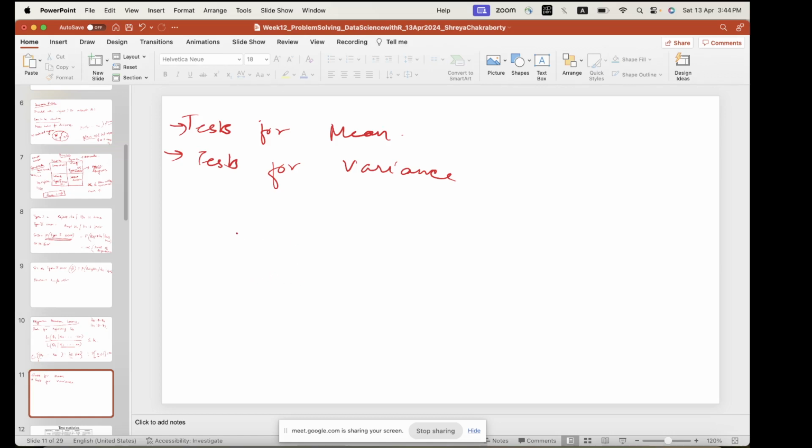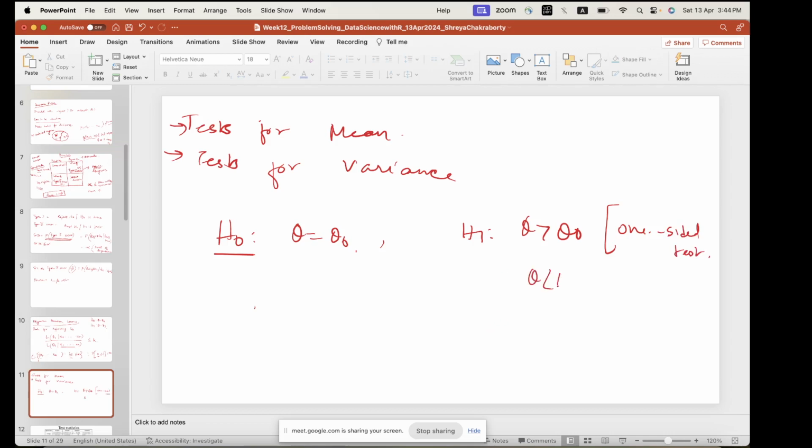Okay, so let's say we have our null hypothesis H naught as theta equal to theta naught, versus H1 is theta greater than theta naught. So this is actually a one-sided test.